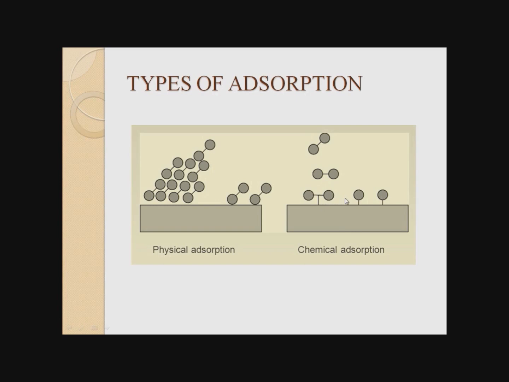Due to formation of chemical bond, it has high activation energy. Hence, it is irreversible in nature. Also, it is specific in nature. It also increases with increase of surface area of the adsorbent and pressure. It is also called chemisorption or Langmuir adsorption.